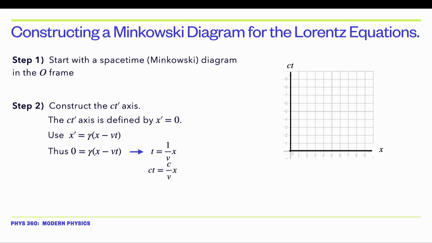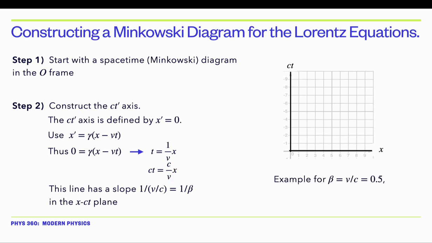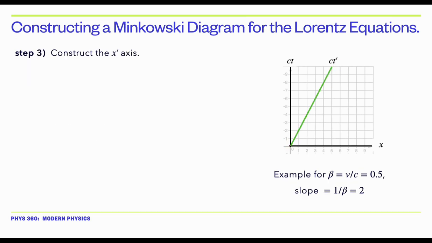If you multiply both sides by c, then you get that alternate form, that ct is x divided by beta. So in other words, the slope of the ct prime axis is going to be 1 over beta. If we plug in, as an example, that beta is equal to 1/2, then the slope of the ct prime axis will be 2. So here's the ct prime axis.